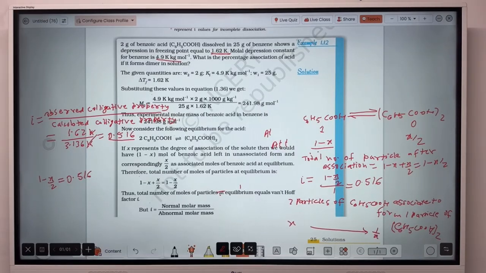X you have to calculate. So X by 2 will come to this side and 0.516 to that side, so that will be 0.483. So X will be equal to 0.966.